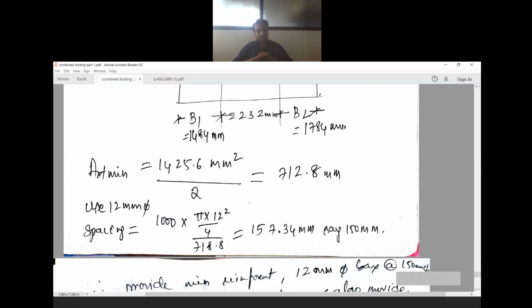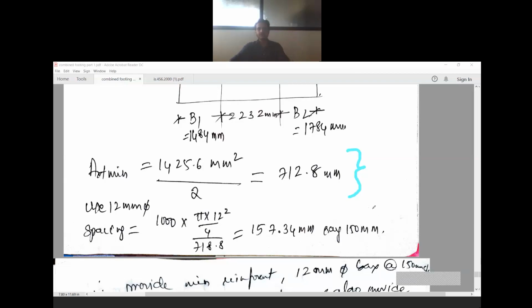For the remaining portion, we can just provide half of that reinforcement as transverse reinforcement, because we already have the longitudinal reinforcement. Of AST minimum, only the half portion we provide. You should remember this.